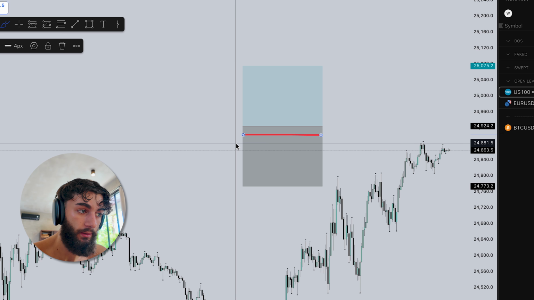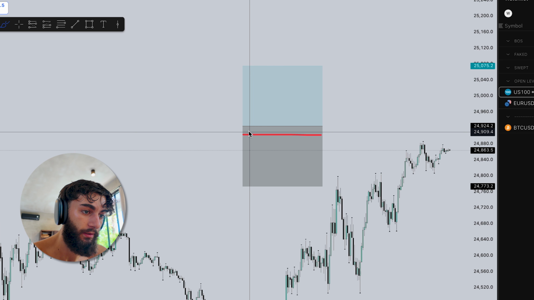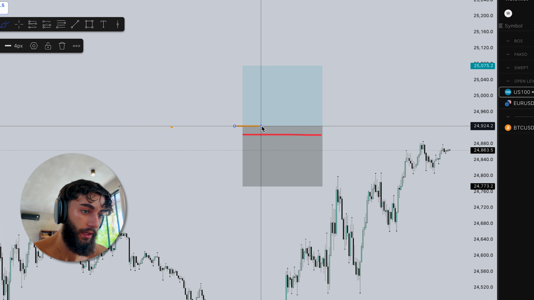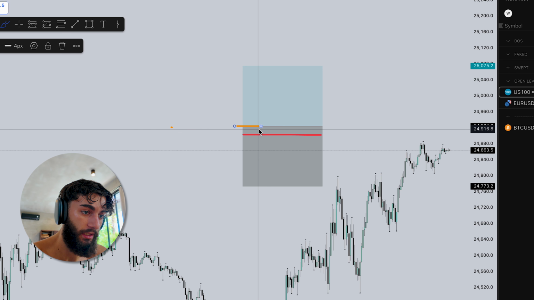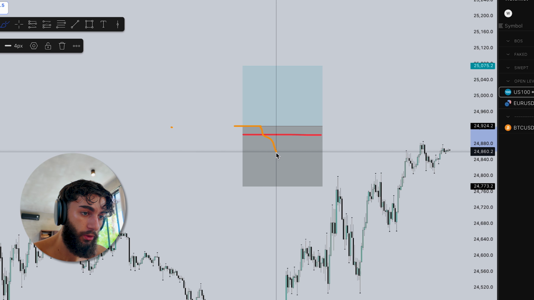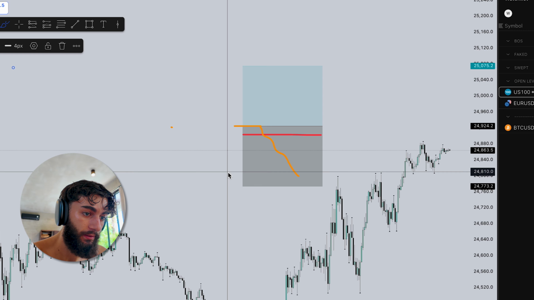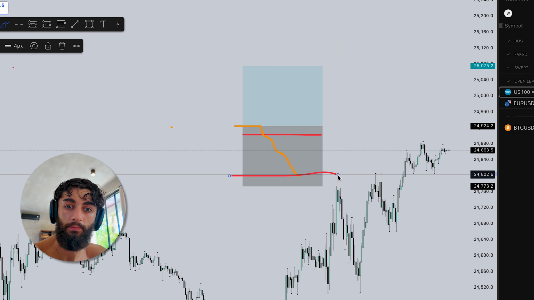This could also mean that if price, let's say you've entered, and then price has come down. It hasn't hit your stop loss, but if the spread is bad, you could get stopped out there. So you could get stopped out early.